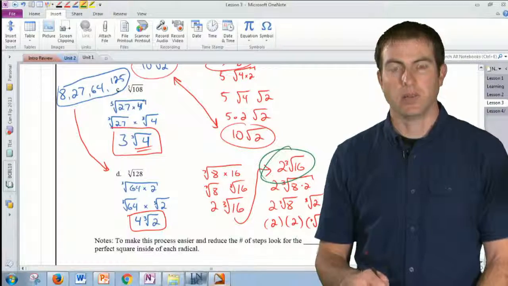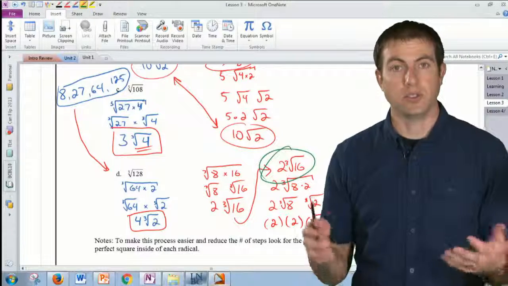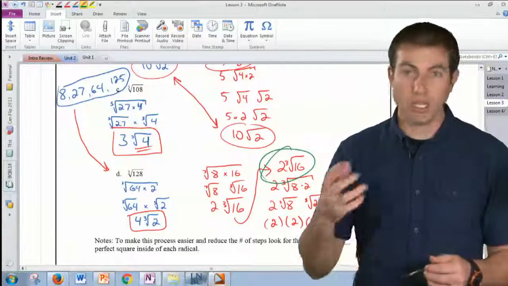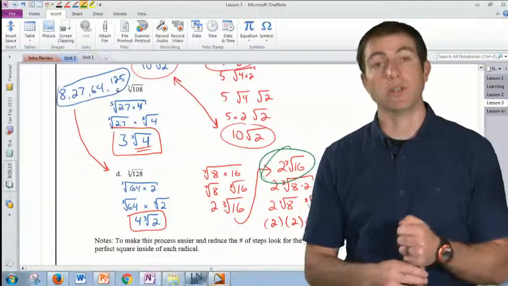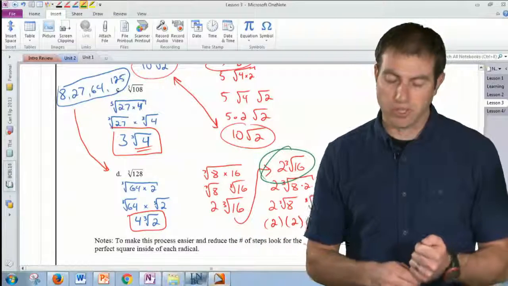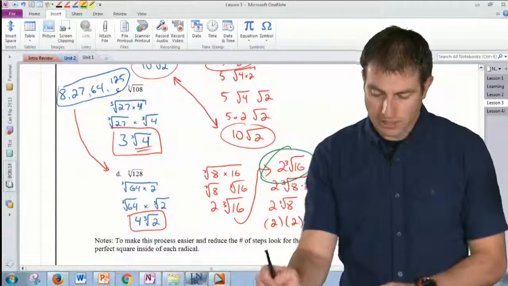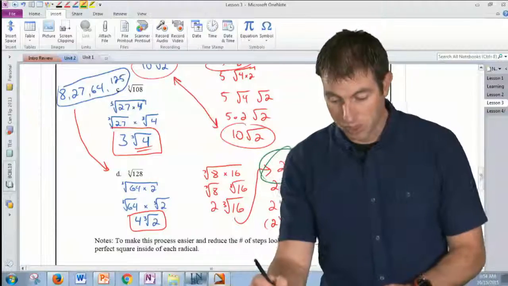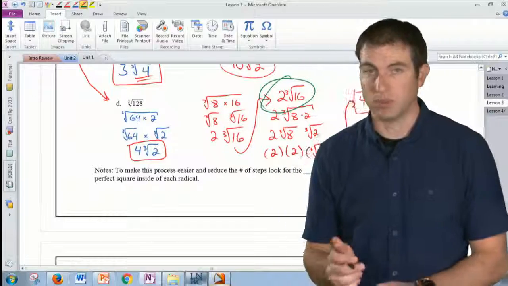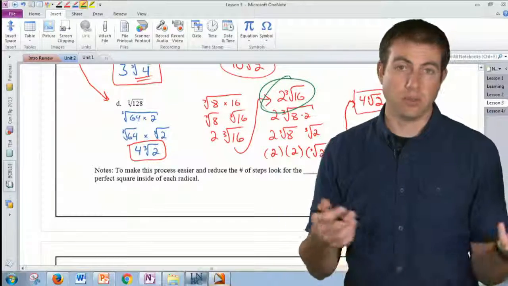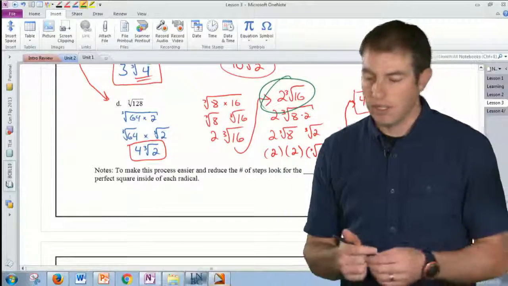So you just need to do it again until you simplify it further. And then maybe you do it again and again until you get to a point where there's no other perfect squares or cubes that'll go into it. And at that point, you're done. So I guess the important thing here is to just try to find the largest perfect cube or perfect square. If you don't find it, that's fine. You just do another step until you do find it.